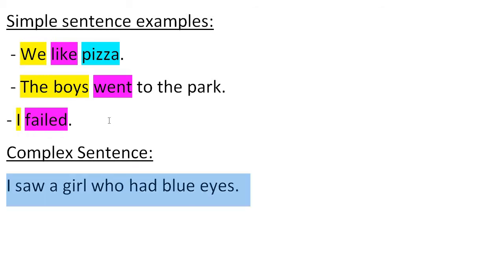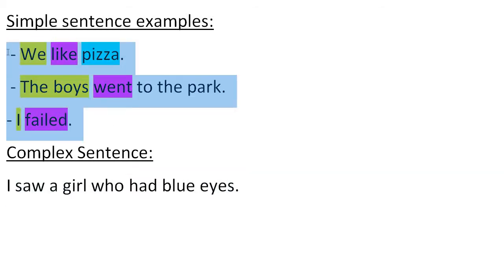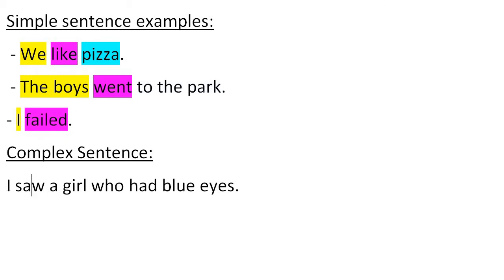Right, so I will keep the simple sentence examples up here just so you can see it. So here we have a short, complex sentence. I saw a girl who had blue eyes. Now the first thing you'll notice is you have two verbs, right? And your first verb is saw, and the next one is had.